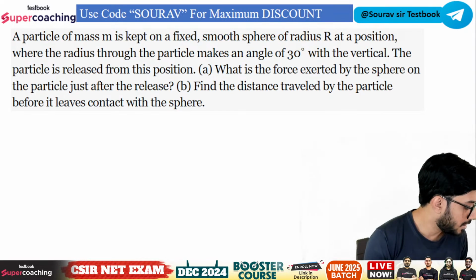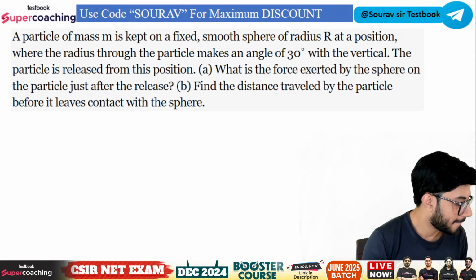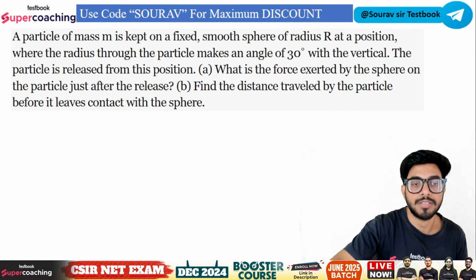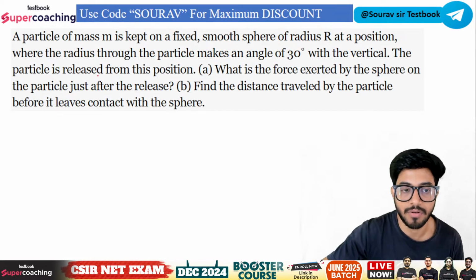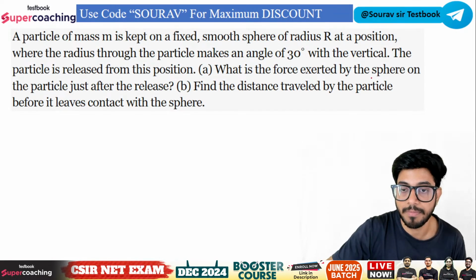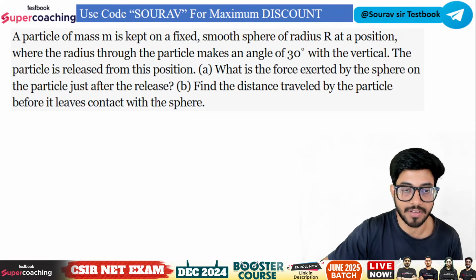At what point will it leave the contact? That's what I'm asking. What is the force exerted by the sphere on the particle just after the release?